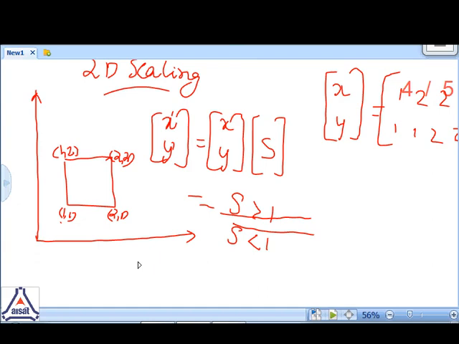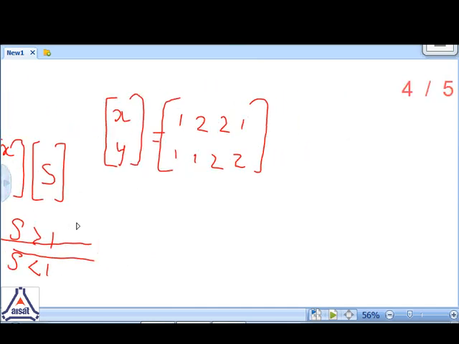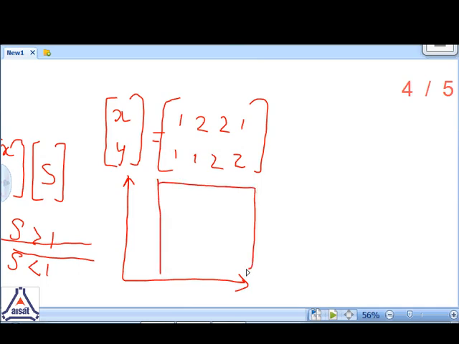Now the length of each side is 1. I am going to enlarge it to double this size. So it will become a bigger square with side 2.